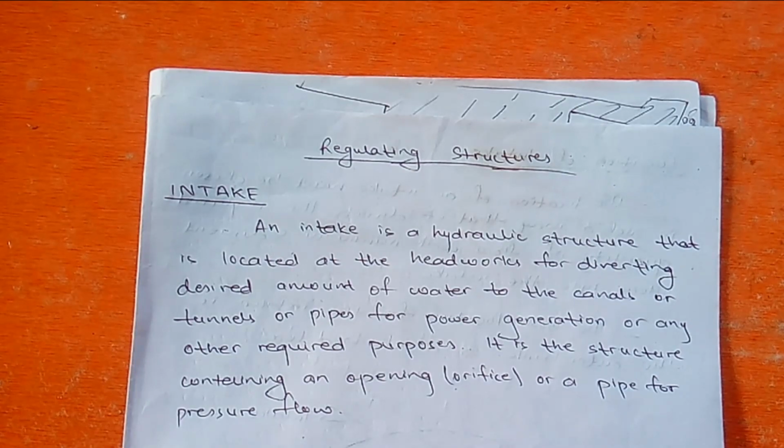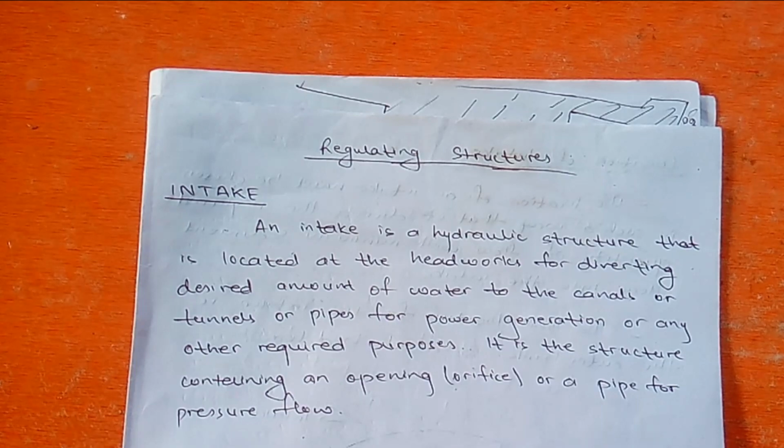The main purpose of the intake is to divert the desired amount of water to the canals or tunnels or pipes for power generation in hydropower projects, or we can use an intake for other required purposes as well.